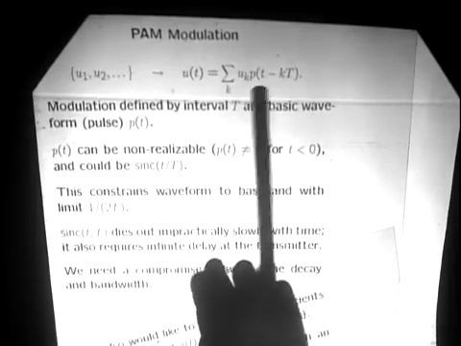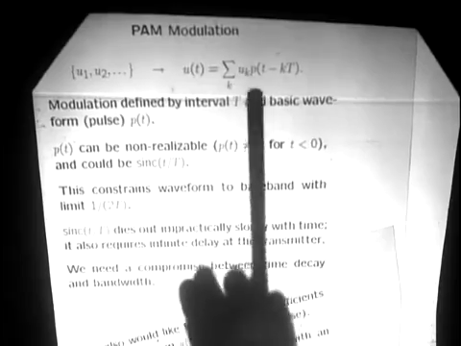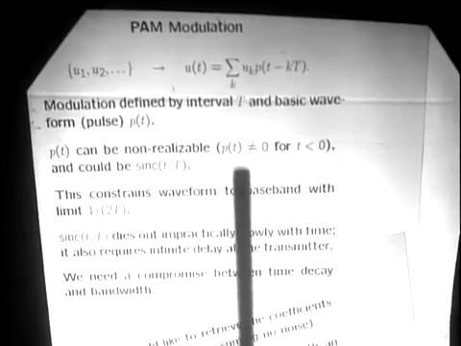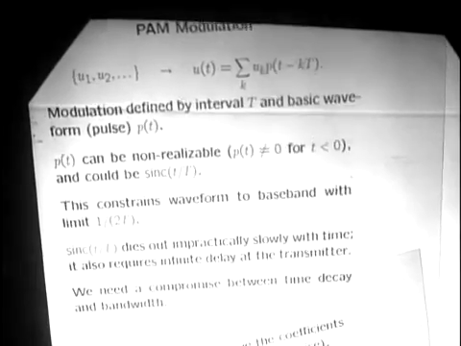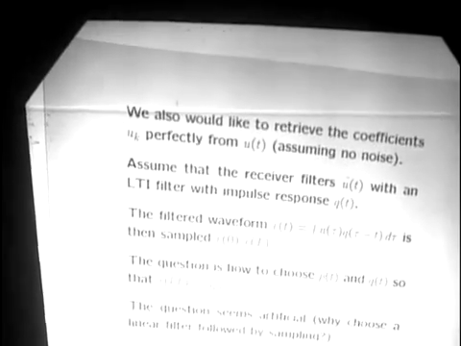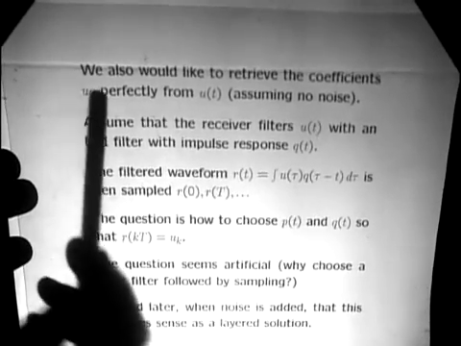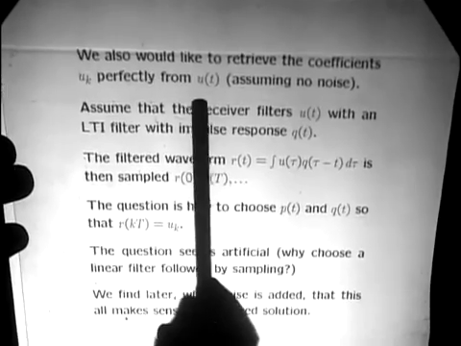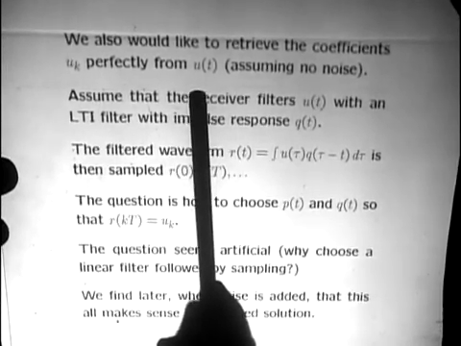Now, we already know that if you use sinc functions, all you have to do is sample this, and you get these u sub k's back again. But if this thing is some absolutely wild waveform, maybe that's not what you get. So we say, okay, how do we retrieve these signals from the waveform that was transmitted and therefore from the waveform that was received?